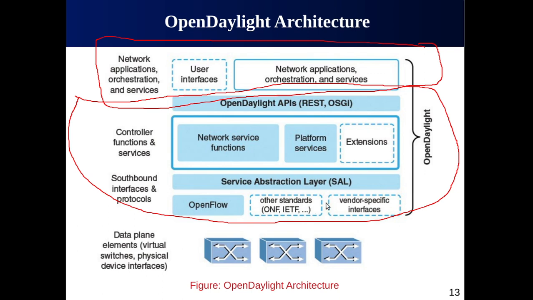The key element in this is the SAL, which provides an abstraction layer on top of the switches. This abstraction layer enables the controller to support multiple protocols on the southbound interface. This was about the OpenDayLight architecture.